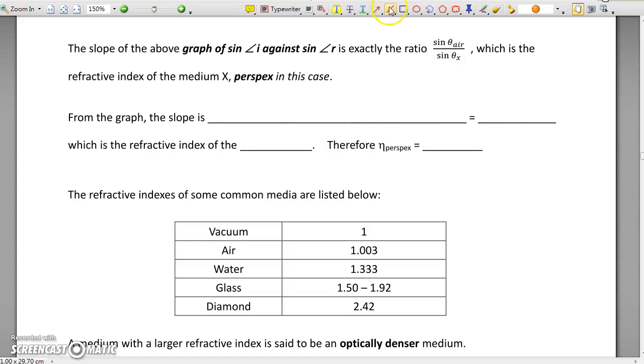And you may find the value of refractive index directly from the slope of the graph. So you should find the refractive index of perspex from the graph directly. What you find will be close to something like 1.5, and for refractive index of other common media, they are listed below.